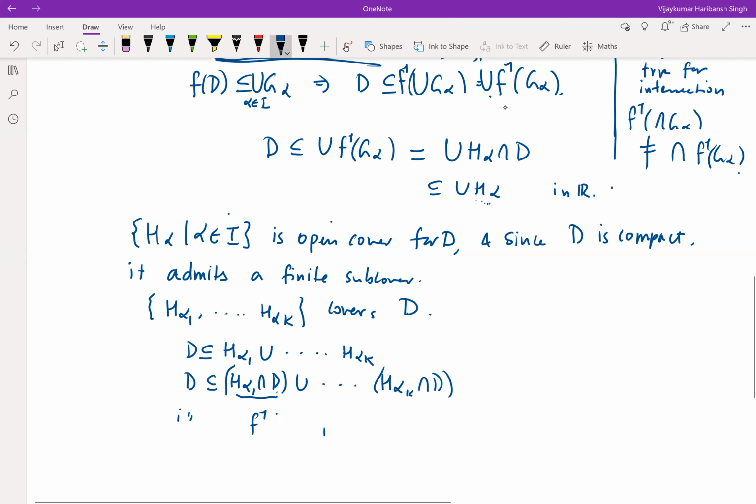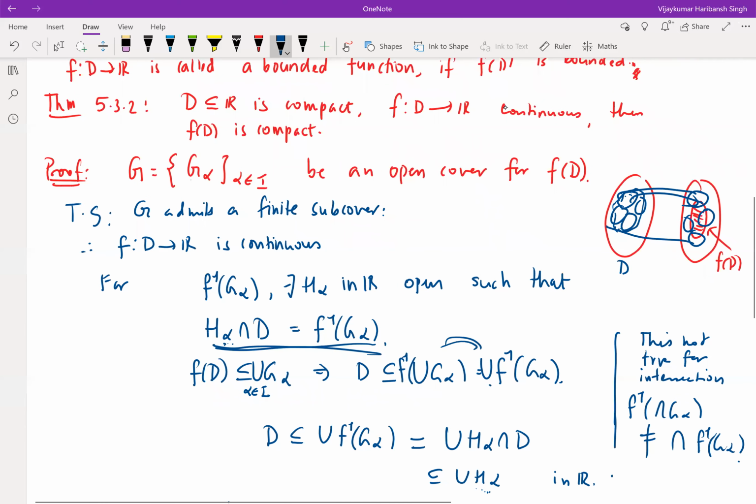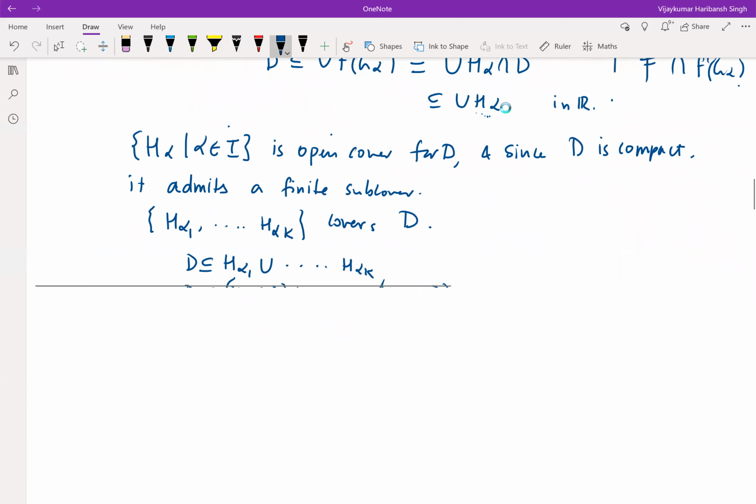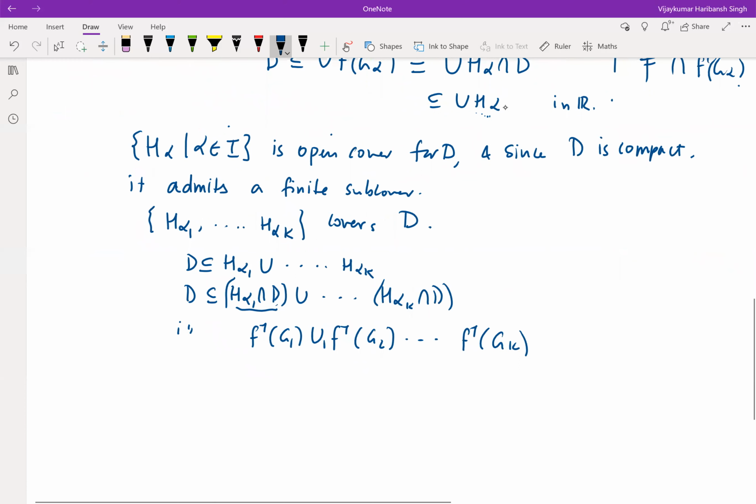This is f inverse of G alpha 1 union through f inverse of G alpha k, because H alpha intersection D is f inverse of G alpha. So if I'm labeling them as alpha i, that would be the proper labeling.